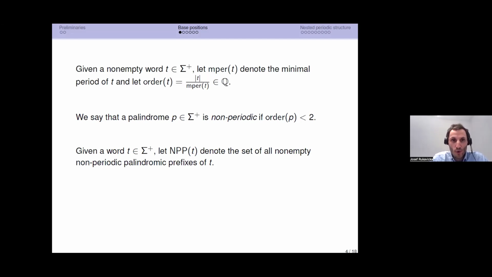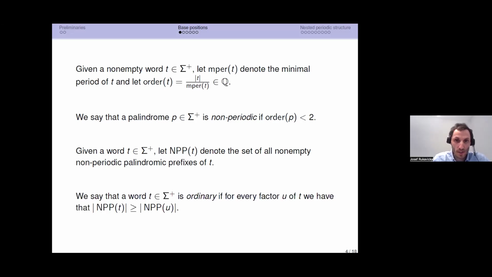It is the set of non-periodic palindromic prefixes of the word T. The set is, of course, always non-empty. At least there is the first letter of the word T, because a letter is a palindrome. So this is the set of non-periodic palindromic prefixes.